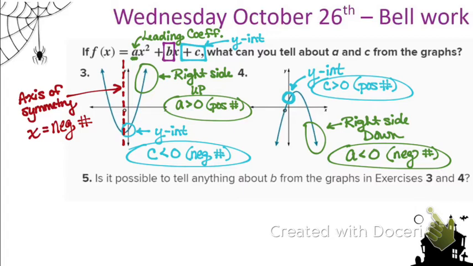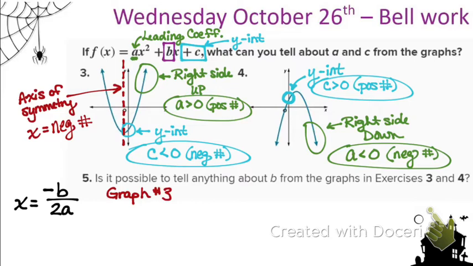What's the formula for the axis of symmetry? X equals, I heard b over 2a. That's almost correct. There's one other missing piece. Negative up here with my b. That's part of my formula. We said on graph 3 that this whole thing was going to come out to be what kind of number?